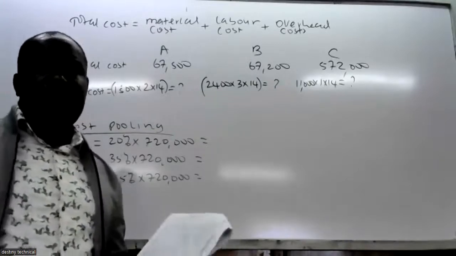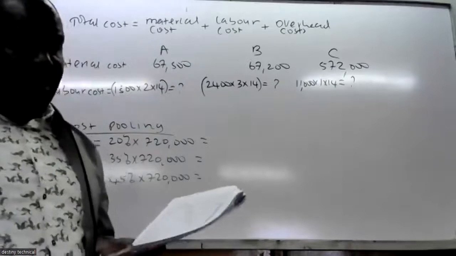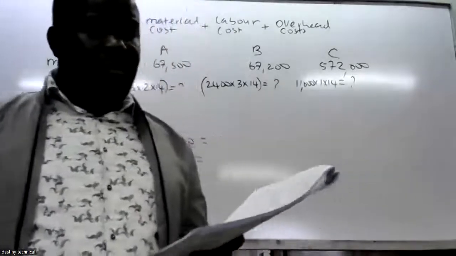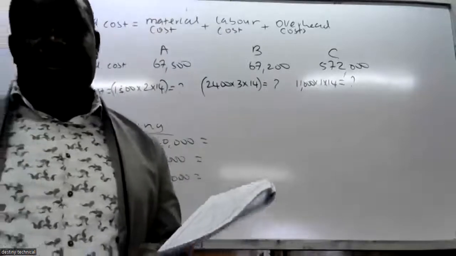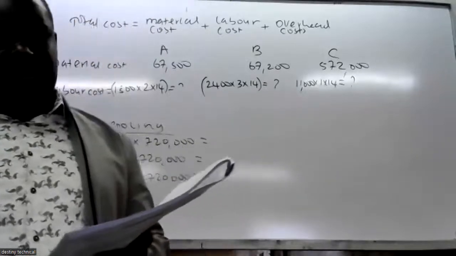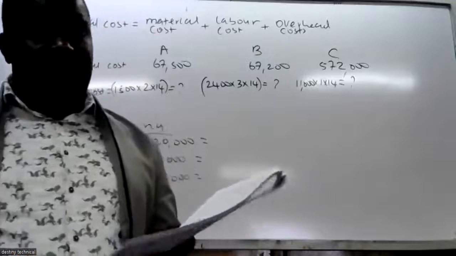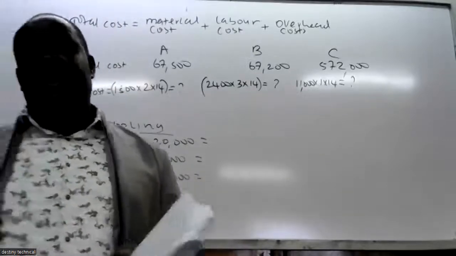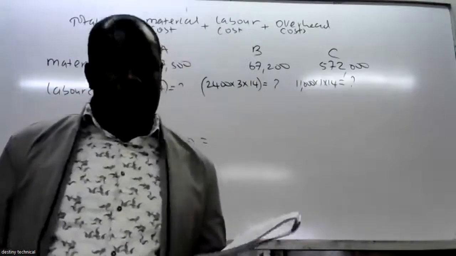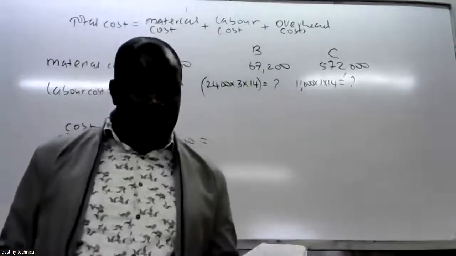The cost driver for the setup will be the number of setups. The cost driver for the material movement will be the number of movements. The cost driver for the inspection will be the number of inspections.